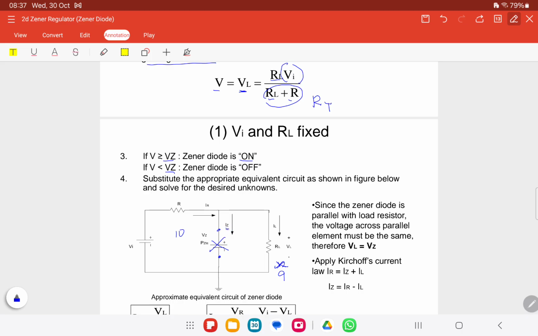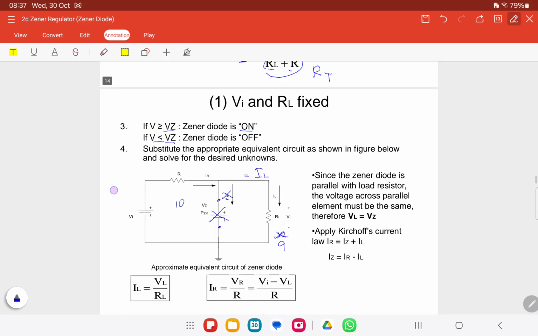So if it's an open circuit, does IZ have a value? If there is no IZ, IR is equal to IL, right? It becomes just one loop. Okay, if the diode is off, that is when VL is smaller than VZ. So once we find it is off, there is no need to calculate other things, because IZ is 0, but IR is equal to IL, straight away like that.